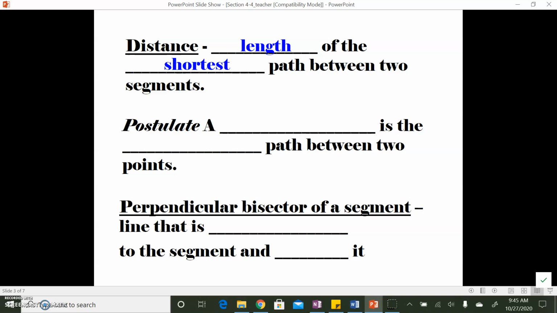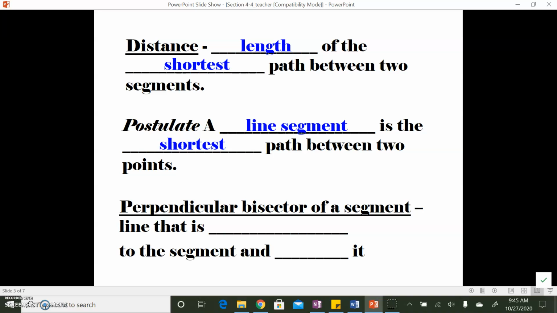We know that for the vast majority of us, that distance is longer because we have to take the roads. So we don't measure distance in geometry with all these turns. Distance is measured in a straight line. A postulate for us then is that a line segment is the shortest path between two points. Those two things go together when we're talking about distance.